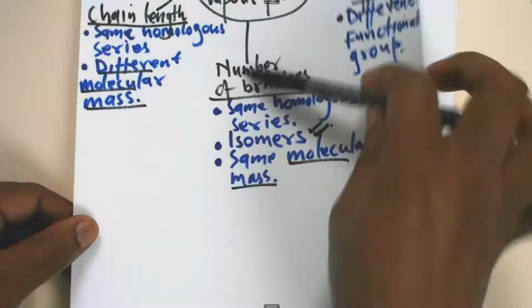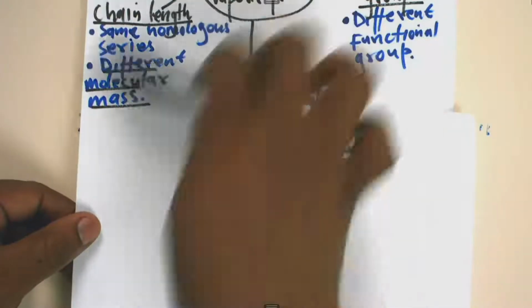One, we are looking at the surface area when we talk of number of branches and chain length. We are also looking at the strength of the intermolecular forces, and we are also looking at the energy needed to overcome the intermolecular forces. So that will be the key idea.